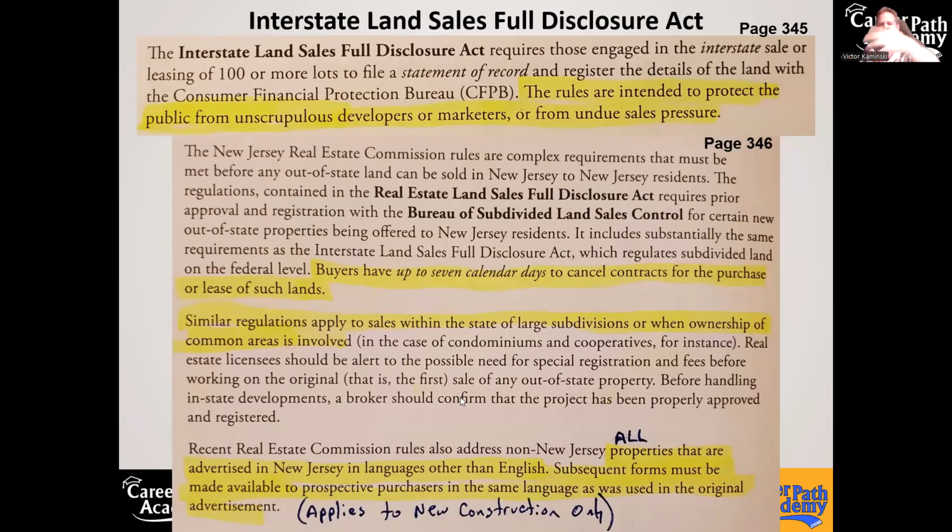But there are other laws that pertain to it. So whether it's new construction or not, all properties advertised in a language other than English must have contracts and disclosures available in the same language that it was advertised.